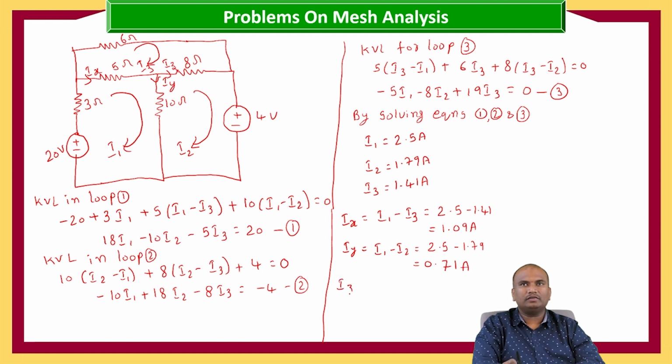And Iz is equals to I2 minus I3, that is 1.79 minus 1.41, which is equals to 0.38 amperes. These are the Ix, Iy and Iz values in the given circuit.